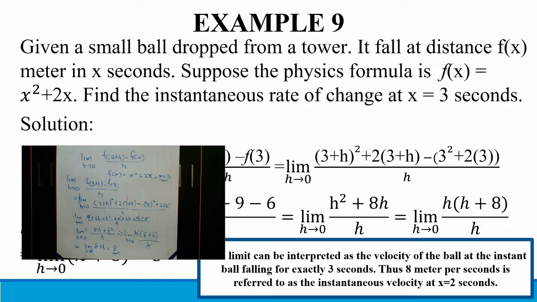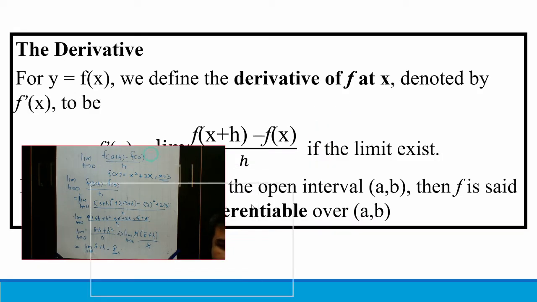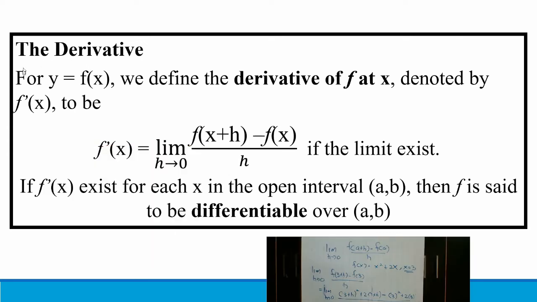If you want to find the derivative, it is the same formula, also known as the derivative. The derivative of y equal to f(x), denoted f prime of x, is equal to the limit as h approaches 0 of f(x plus h) minus f(x), divided by h, if the limit exists.